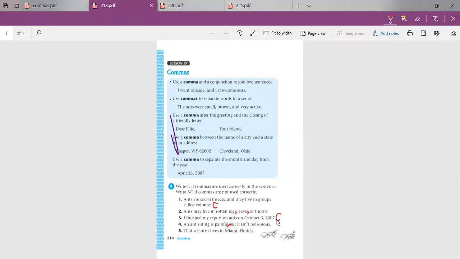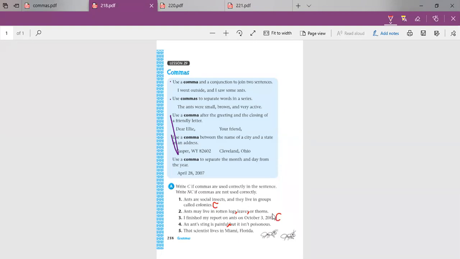Okay, now Ishel, can you read the last one, number 5? That scientist lives in Miami, Florida. What is wrong in this sentence? Is there anything wrong or not?